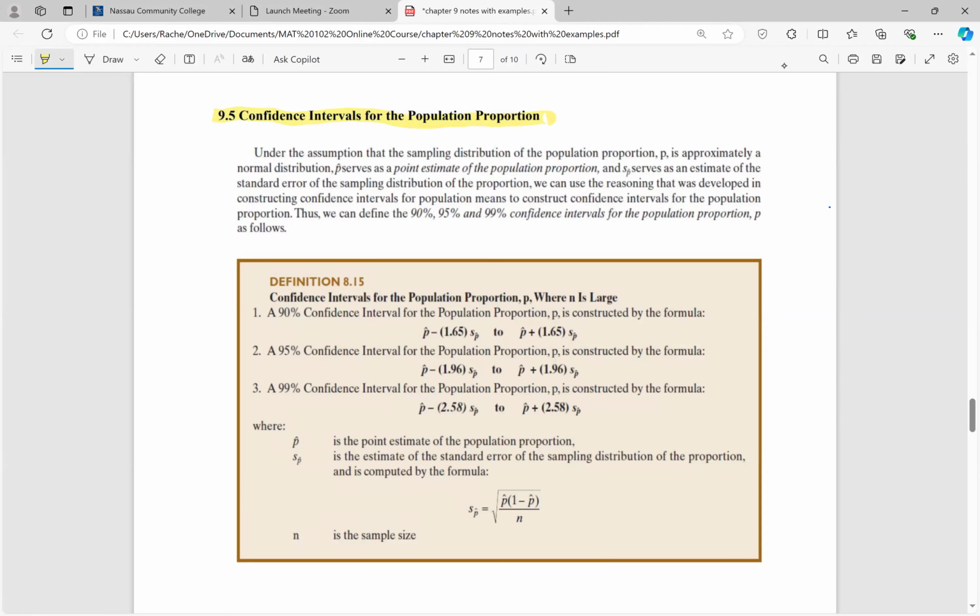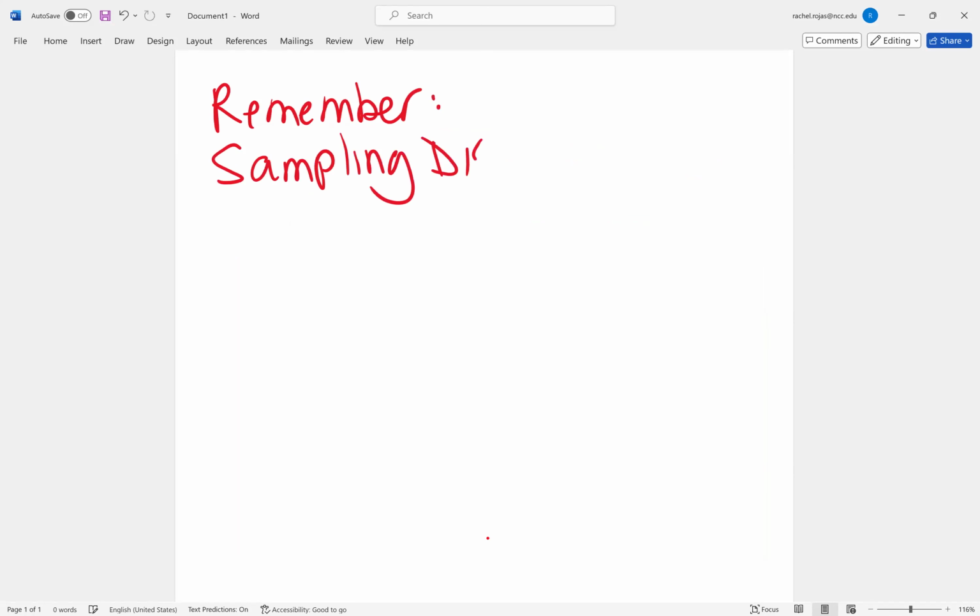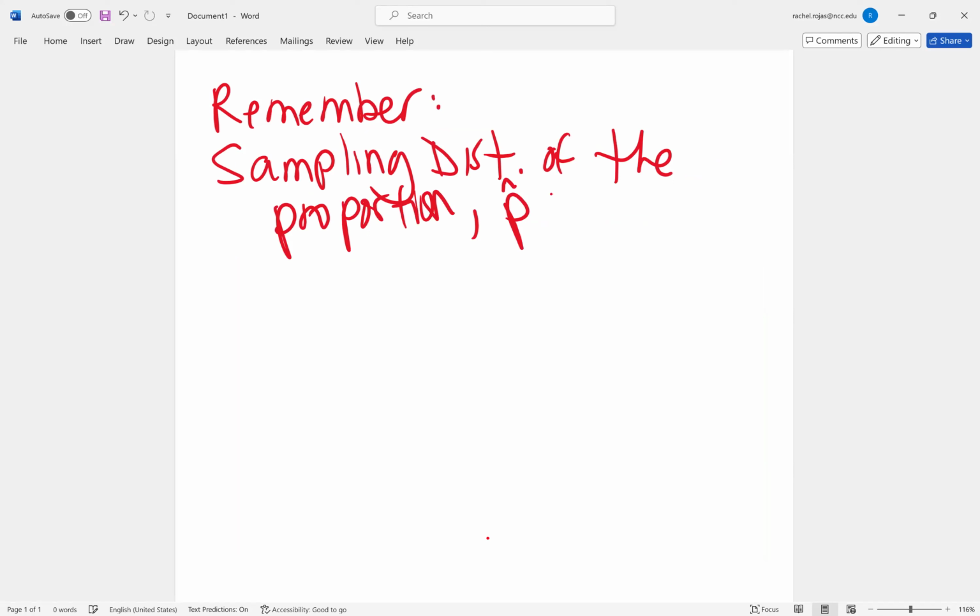Before we do this, I just want to do a quick reminder of sampling distributions of the proportion from chapter 8. Remember the characteristics of the sampling distribution of the proportion, P hat.